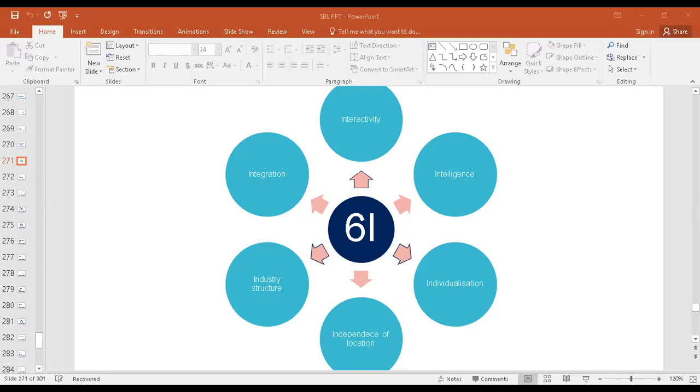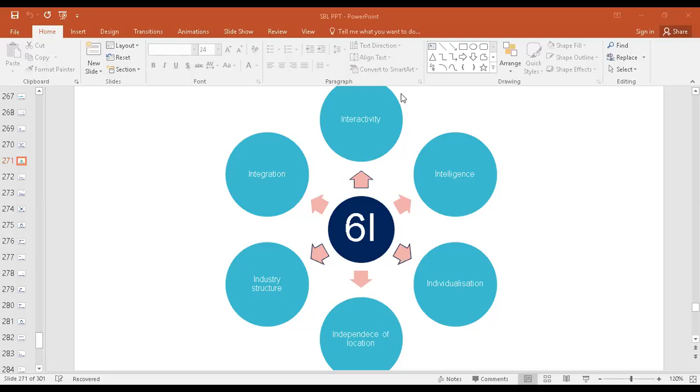So Swiggy, Instamart acts as an intermediary to deliver the goods sold by the grocery stores to the retail customers. So sometimes there was a need to bring intermediaries or middlemen into the picture. That also happened depending on the type of industry structure.